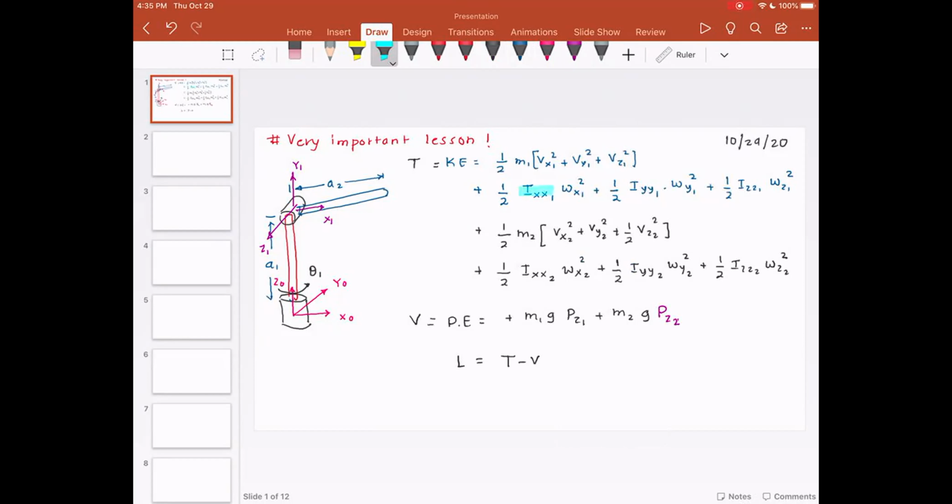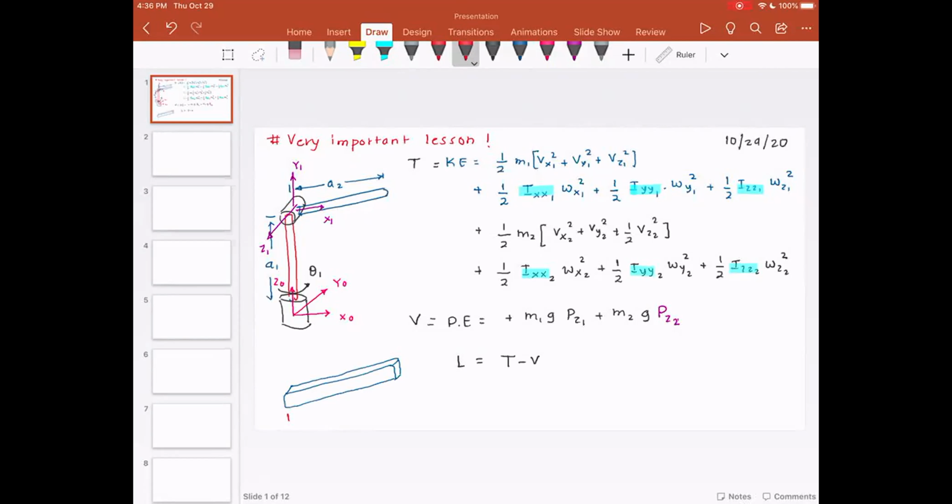Please note there is Ixx, there is Iyy, there is Izz for link 1. There is Ixx2, Iyy2, Izz2 for link 2. Now, for a rectangular bar, I just want to write this down for our own reference. I gave the expression for Ixx, Iyy, and Izz.